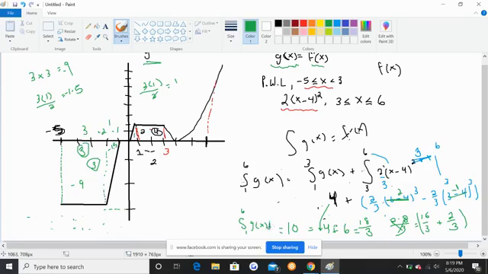I'm just trying to show you how to get the answer, the little technical bits. So, yeah, that's your answer. The integral of the function g of x from the boundary x equals 1 to x equals 6 is 10.